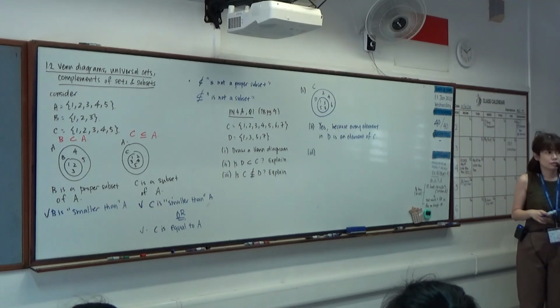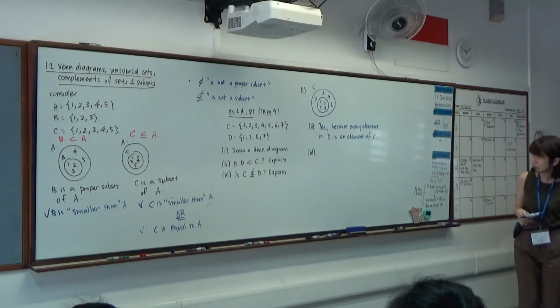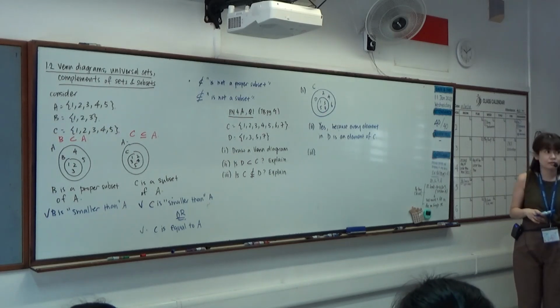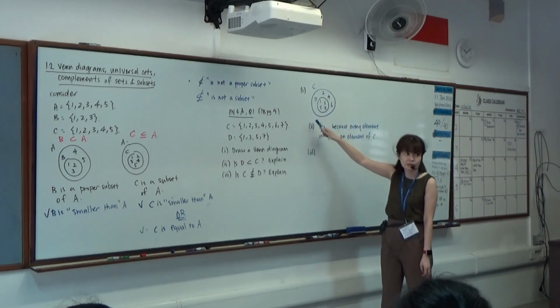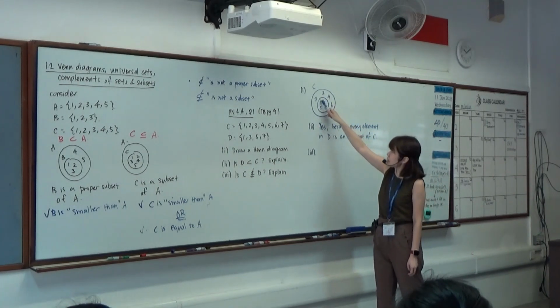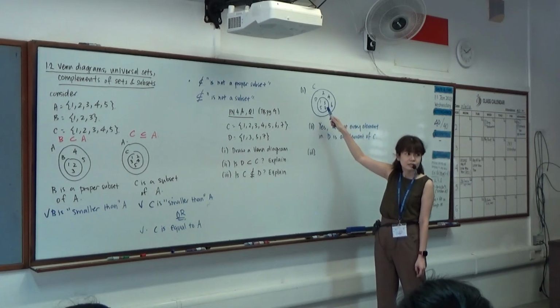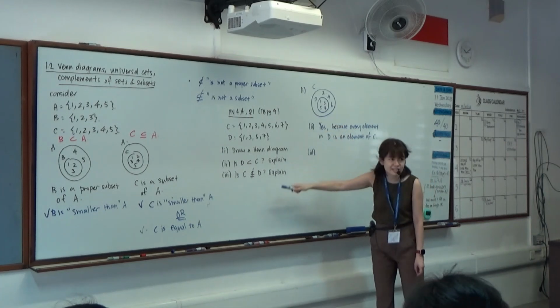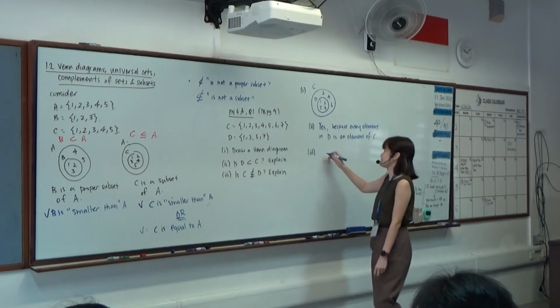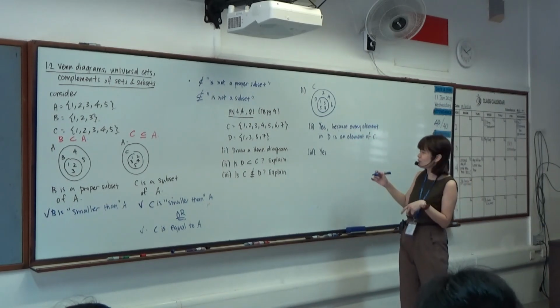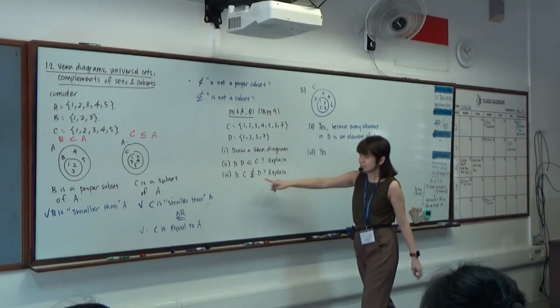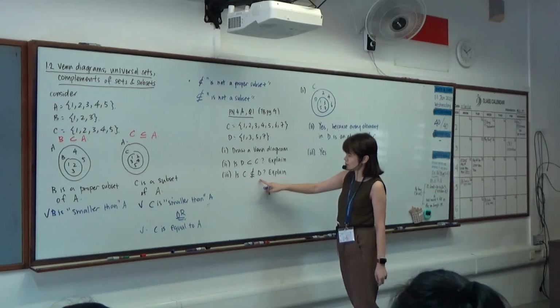No. So that means C is a subset of D. C is this big one, is a subset of D. Oh, yes to the statement. Sorry. Just now she shook her head, right? So yes, C is not a subset of D.